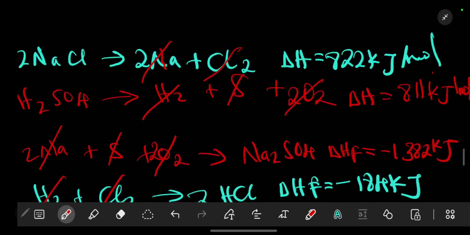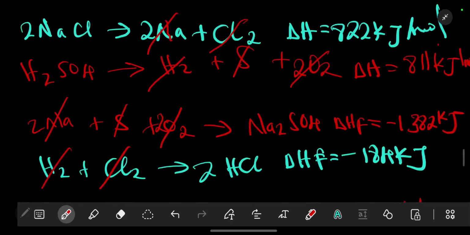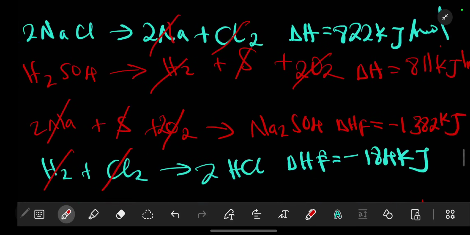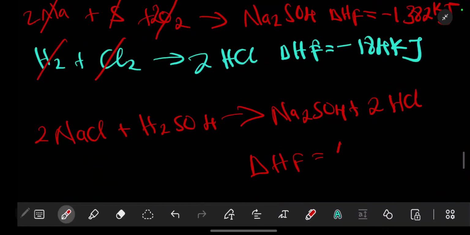So we have 822 plus 811 minus 1082. We have 251 minus our 184. So we have 67. So the change in enthalpy will be equal to 67.